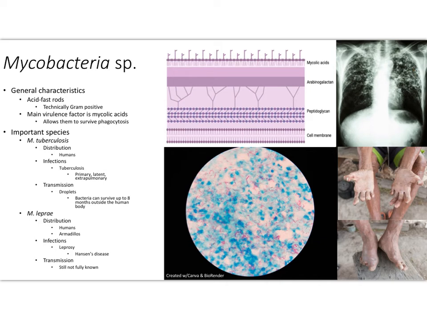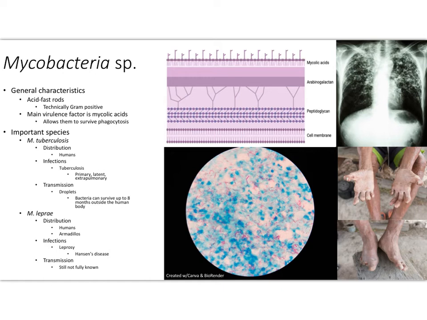And if this is treated appropriately, most people can get over a case of tuberculosis. It does typically require a long course of antibiotics, and oftentimes it requires multiple different types of antibiotics. But if it's treated properly and caught soon enough, many people can get over this infection. They can clear the organism from their body and they'll be okay.